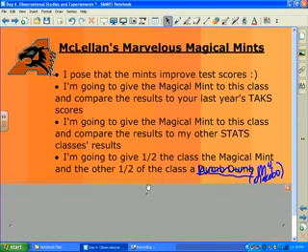That's the placebo effect. But if the magical mints really worked, I would expect my group of magical mint people to not only be 20 to 30% higher because of the placebo effect, but even more so than the control group that had the placebo.